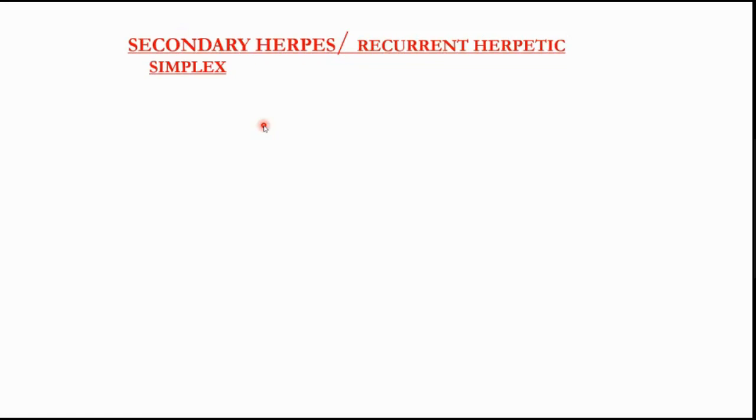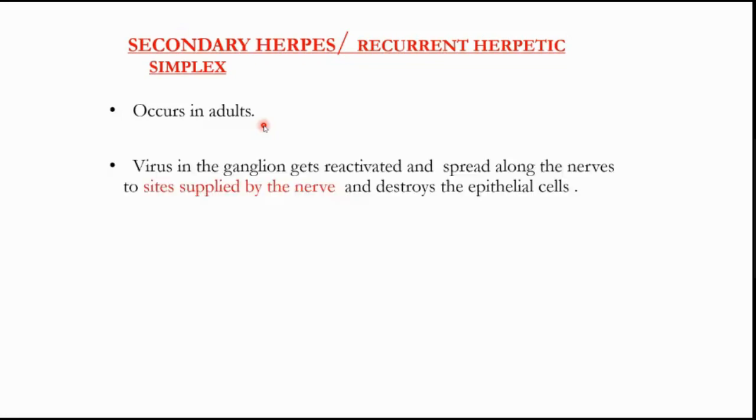And the secondary lesion is called recurrent herpes simplex, because it comes back in the later stages, and it occurs mainly in adults. I've already told you that whenever there is a trigger, the virus which was latent in the regional ganglion will become reactivated and come back through the axon of the nerve and recreate the lesion.